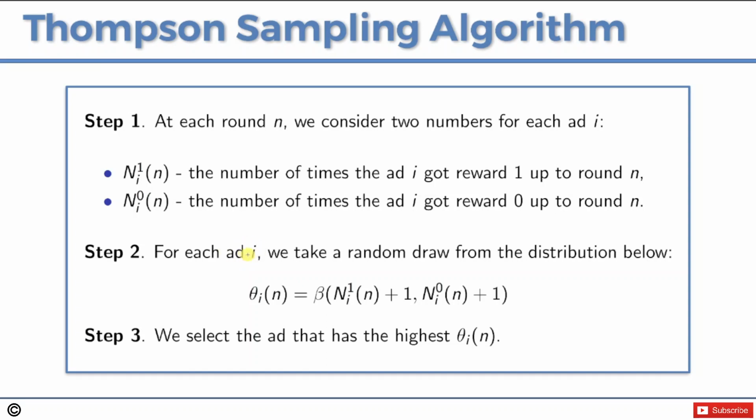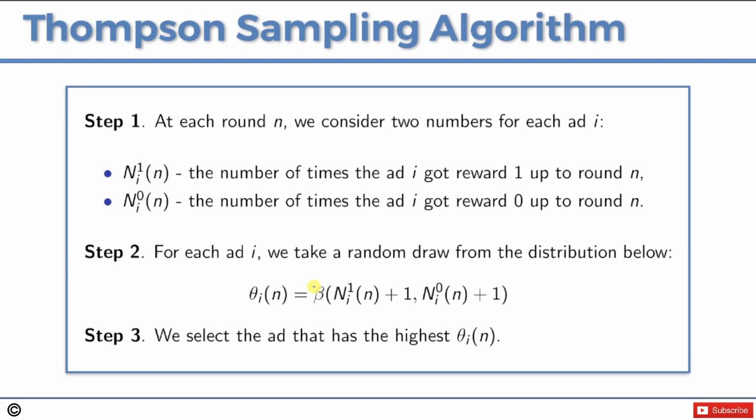And so for each of these ads, we take a random draw from the beta distribution given below of parameters N_i^1(n) + 1, where N_i^1(n) is, of course, the number of times the ad i got reward 1 up to round n, and the second parameter, N_i^0(n) + 1, where N_i^0(n) is, of course, the number of times the ad i got reward 0 up to round n. So that means you can totally implement this step 2 on your own because you have all the parameters, right? We already introduced these 2 new variables. We initialized them the right way. And so now you can totally implement step 2 on your own before we do it together.